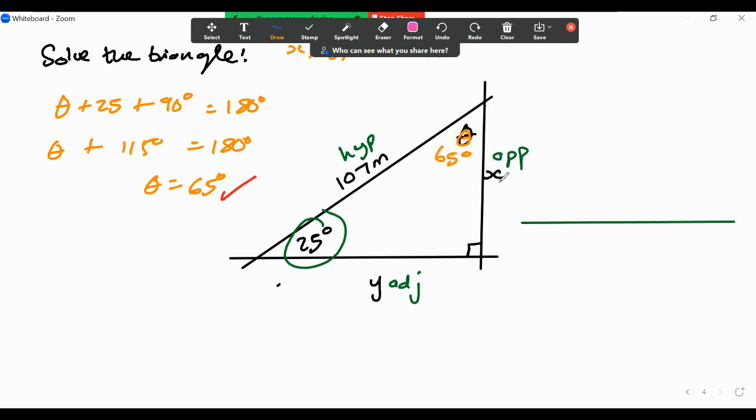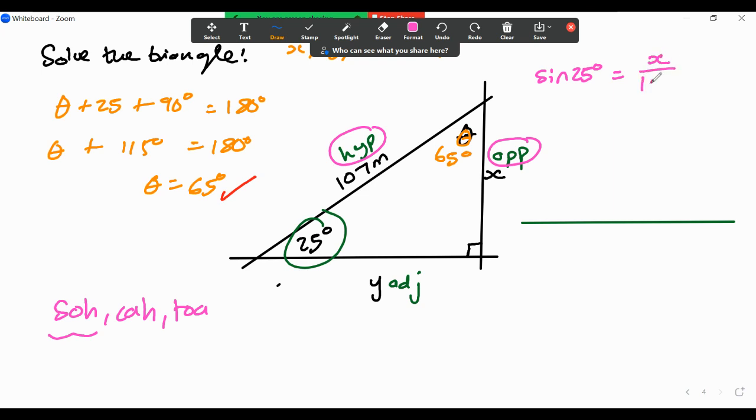The first one I'm going to try and find is x. It's opposite hypotenuse. So let's go. Opposite hypotenuse, so sine of 25 degrees is going to equal x over 107. And now I'm going to multiply this on the other side.